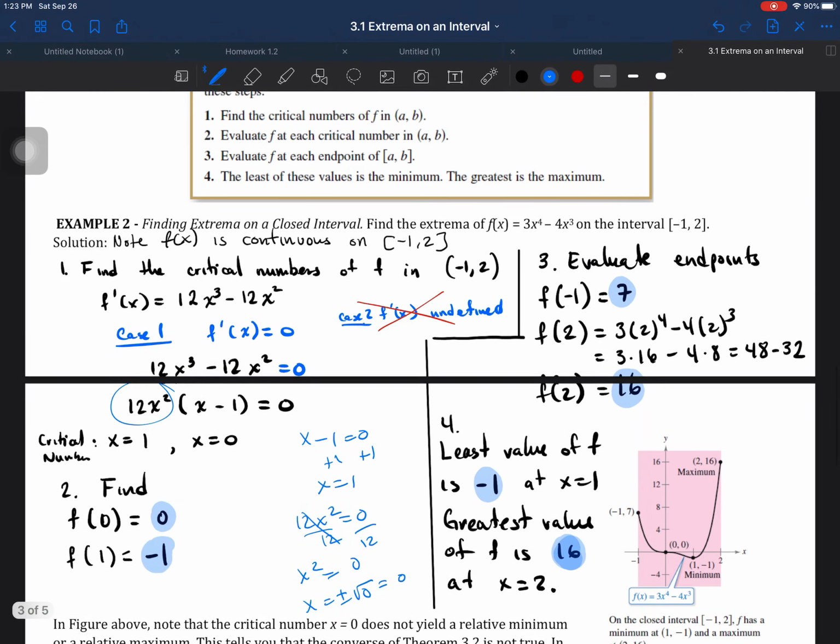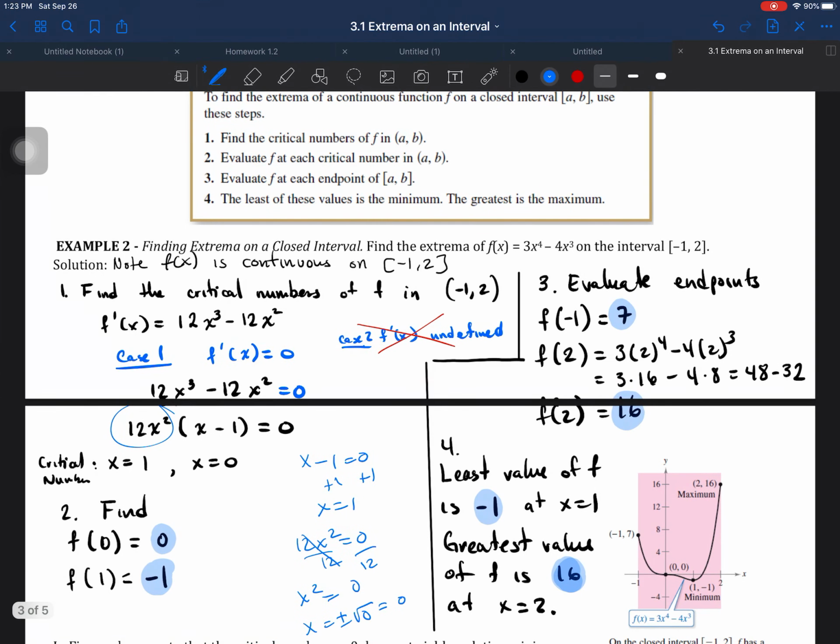And what are we going to do next? It says here to evaluate the function using those two critical numbers. So plug in x equals 0 into the original function, which is over here.